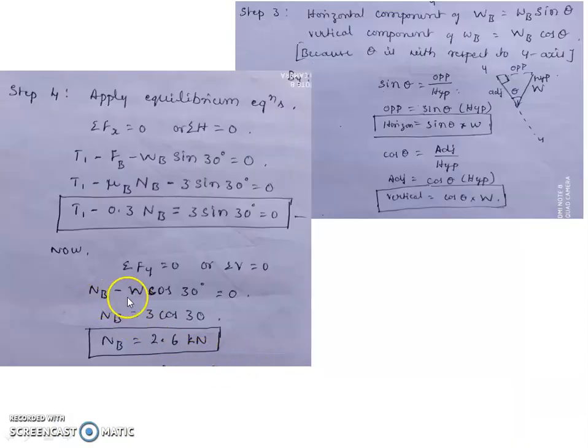Here you can see NB minus W cos 30 is equal to 0. NB is equal to W cos 30, where the weight of the block is 3 kilonewton. Substituting, NB works out to be 2.6 kilonewtons. Now I substitute this NB in equation 1. Then the equation becomes T1 minus 0.3 multiplied by 2.6 is equal to 3 sin 30. Then T1 works out to be 2.3 kilonewtons.